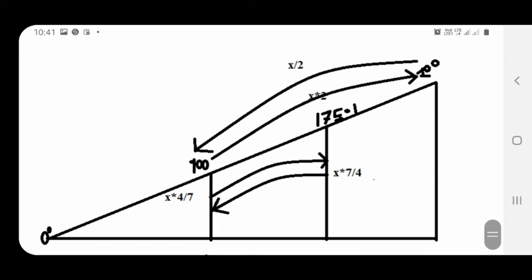Similarly, for the Sikes scale, only the difference is you have to divide by 4 and multiply by 7. In Gay-Lussac, you have to divide by 7 and multiply by 4. Okay, I hope this one is clear for you.